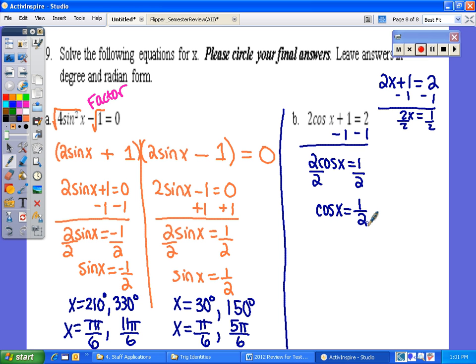Well, we know two areas where cosine is equal to 1/2: in the first quadrant and in the fourth quadrant. So that means x is going to be 60 degrees and 300 degrees, because those are the two spots that cosine is equal to 1/2. So that means that it's pi over 3 and 5 pi over 3.